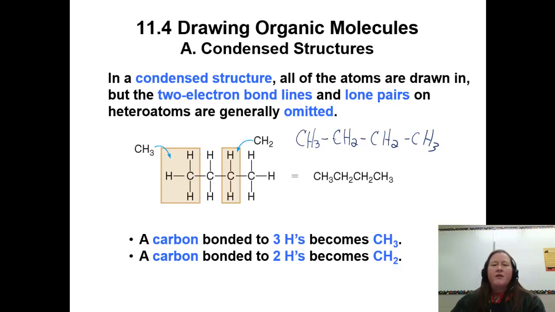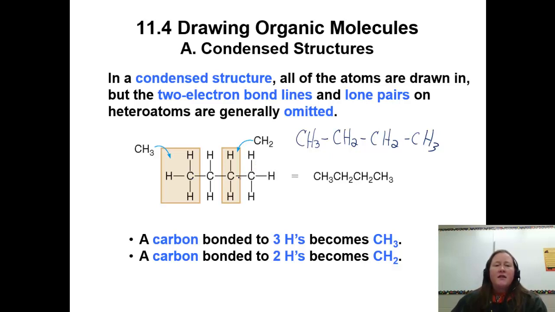At the end we always have a CH3 because the end carbon is always going to be attached to 4 things. If one of them is carbon, the other 3 have to be hydrogen. Your middle carbons are always attached to 2 hydrogens. And here this end carbon is also attached to 3. So that is in a structure like this.